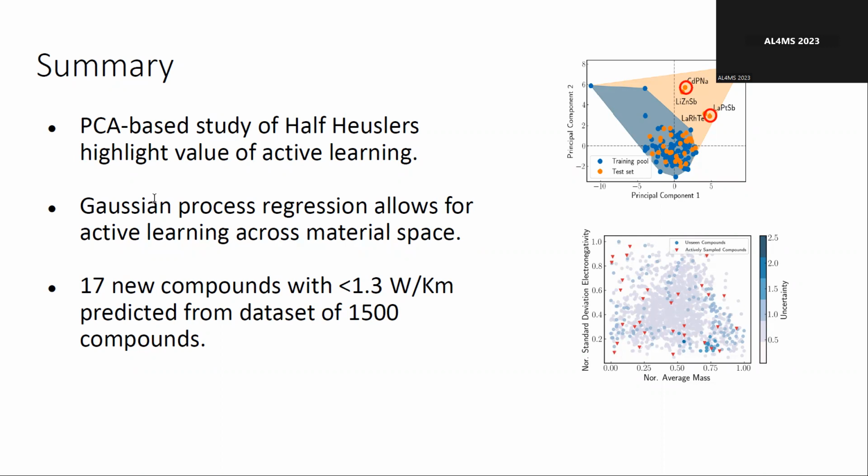And we found 17 new compounds with a very low lattice thermal conductivity, and many more that had quite low lattice thermal conductivity, screening these 1,500 compounds. We of course hope to extend this further to other compound classes and also more compounds that might not be listed in Materials Project. Okay, thanks a lot for listening.